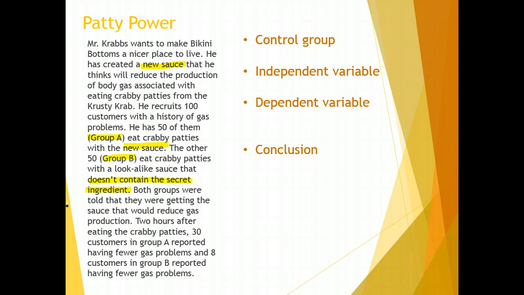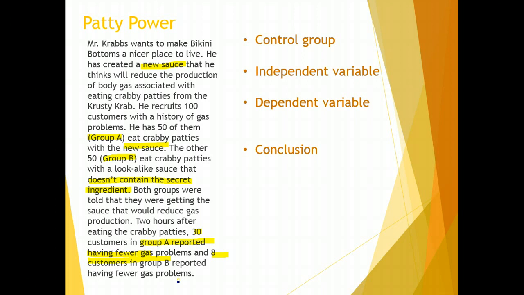Both groups were told that they were getting the sauce that would reduce gas production. 2 hours after eating the Krabby Patties, 30 customers in Group A reported having fewer gas problems, and 8 customers in Group B reported having fewer gas problems. This gives you a clue as to which sauce worked better.